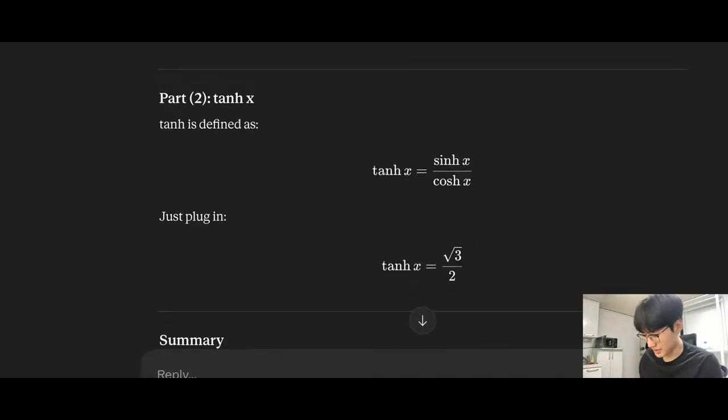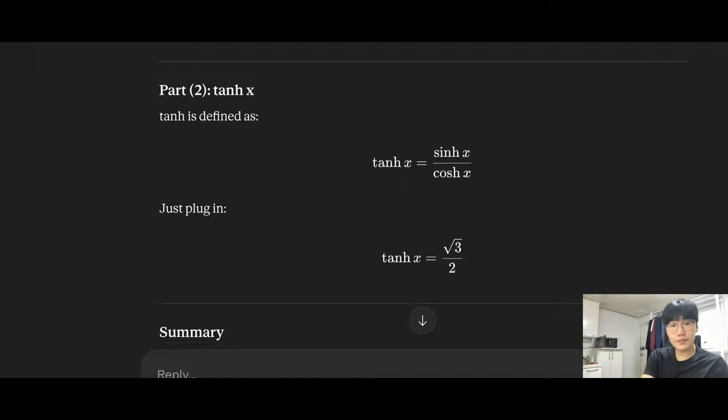Tangent hyperbola is defined as sine hyperbola x over cosine hyperbola x, which means tangent hyperbola x equals square root of 3 over 2.